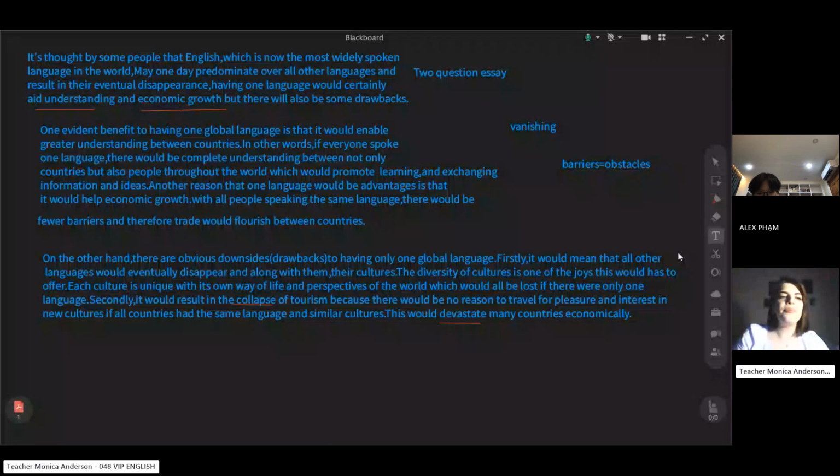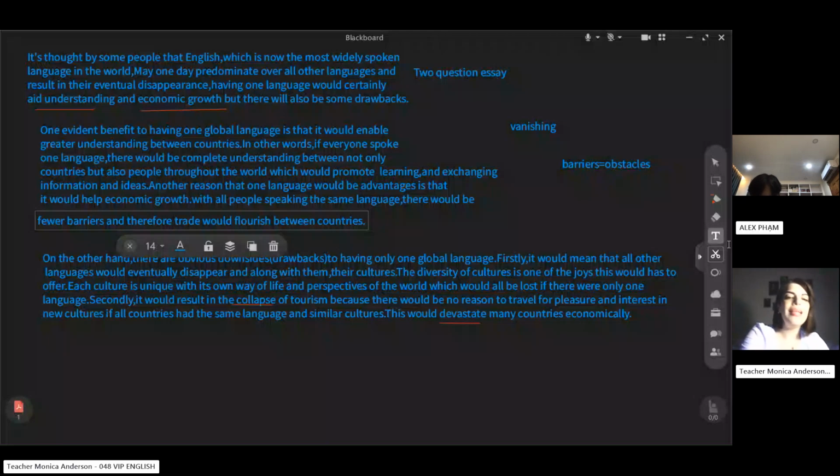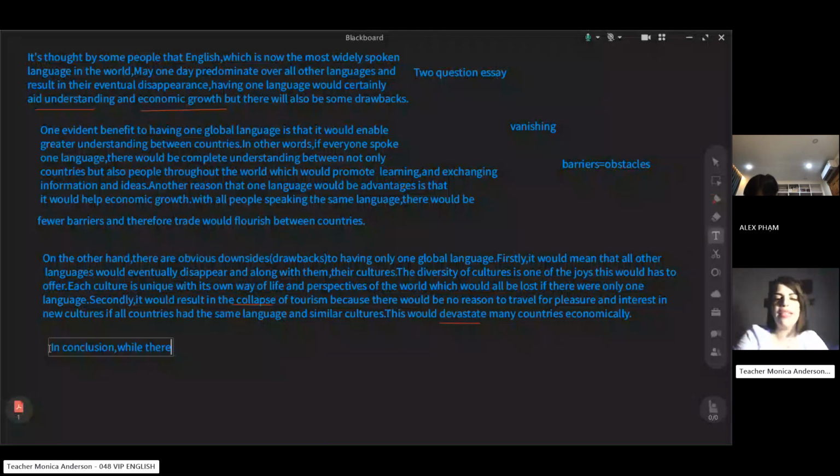So I say, in conclusion, of course, while there are advantages, or for example, plus points, to having one global language, but what will happen?